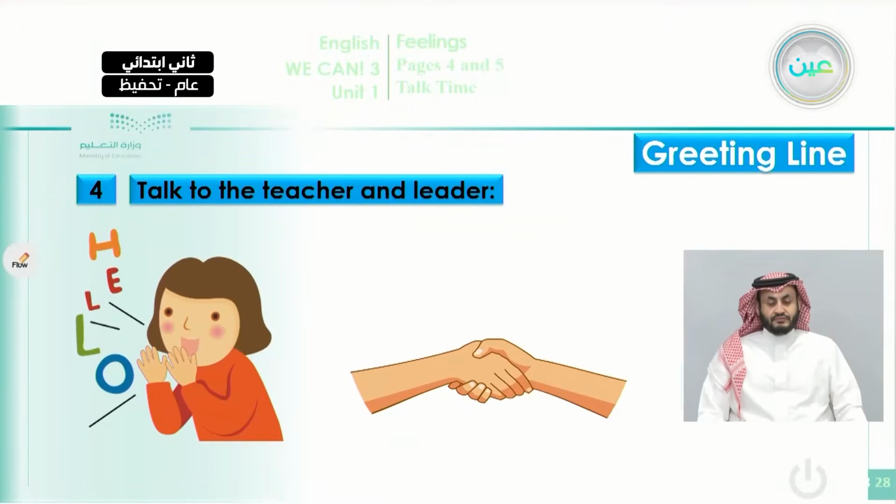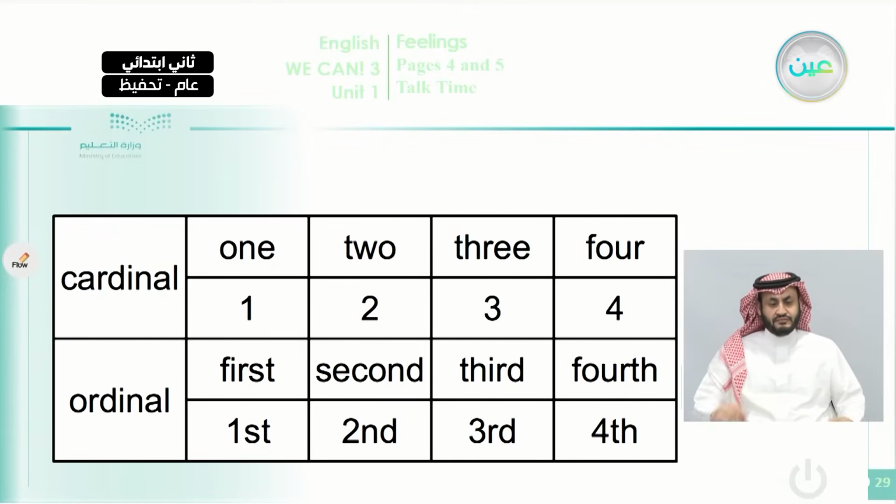Okay, now the greeting line also, talk to the teacher and leader. This is on page 5, you can find it. And the main thing that we are going to learn on this page 5 is about cardinal and ordinal numbers. What do you mean by that? The cardinal numbers are the numbers that we know regularly, 1, 2, 3, 4.